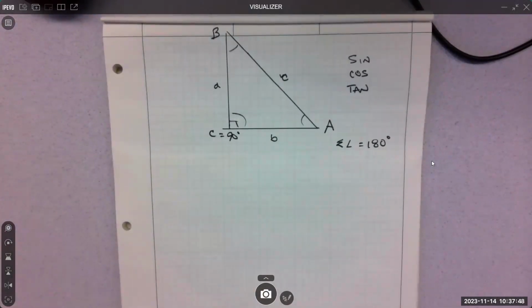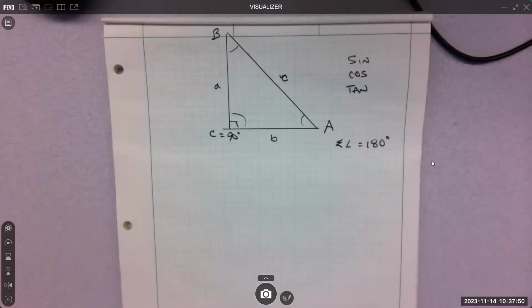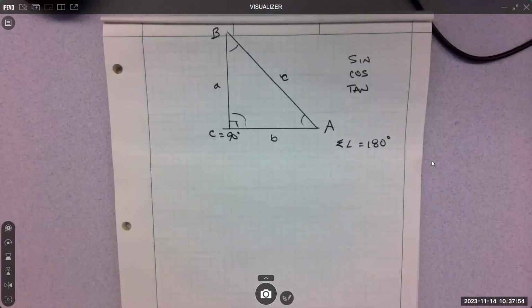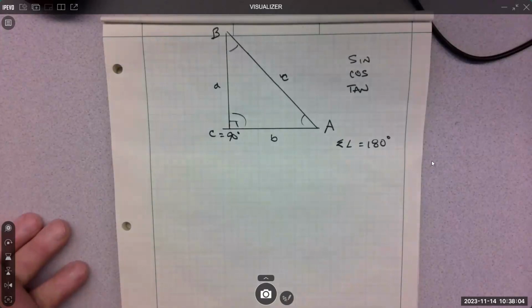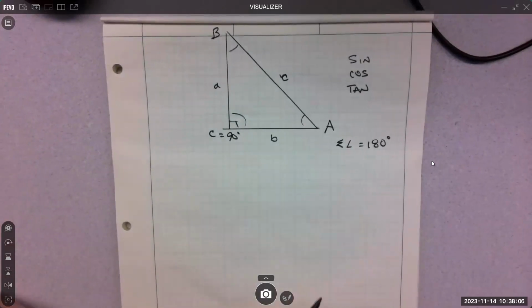So that's just a standard way of labeling. You should probably use that, since you're going to create these triangles yourself. You could make it a little more fun and put miles or feet or some kind of a unit. But yeah, label it definitely.